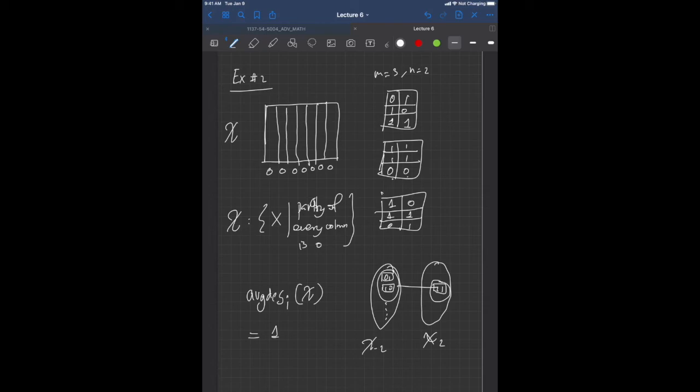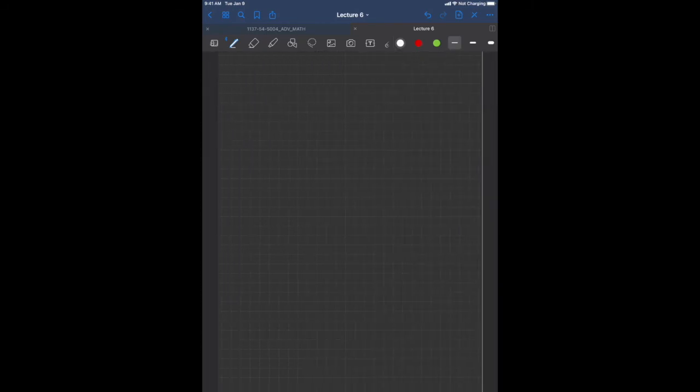Okay. And example 3 is just the other extreme. It's where the set X is all the possible m by n matrices. In which case, what is the average degree like?